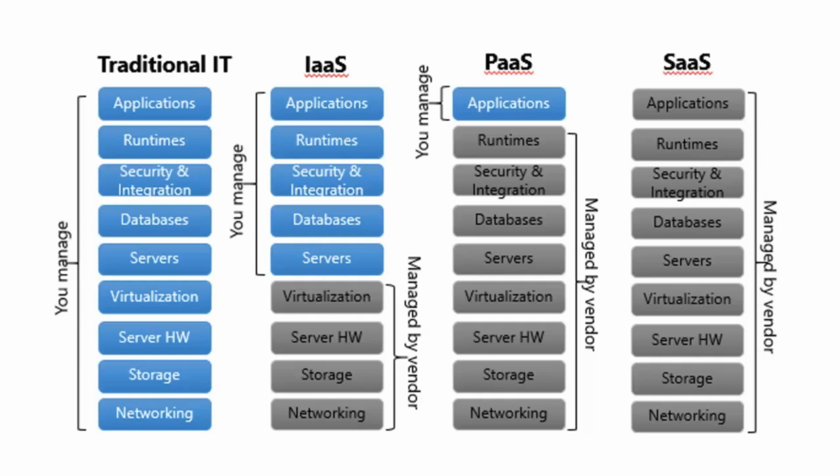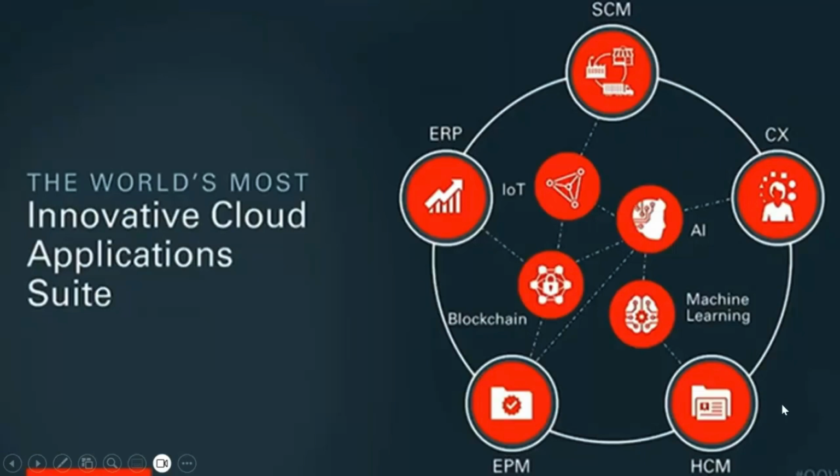So let's come to the next slide, which will tell you what different features or modules we have. The module names from R12 to Fusion ERP, or the Cloud ERP, have changed. So you will see a different suite. Modules are no more called modules as such, but they are called offerings. One offering is ERP, which covers your complete financials: AP, AR, GL, FA, and cash management modules, along with the taxation.